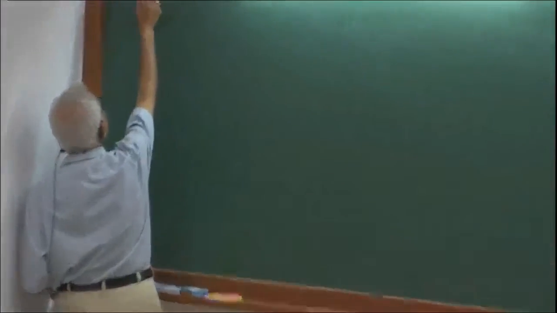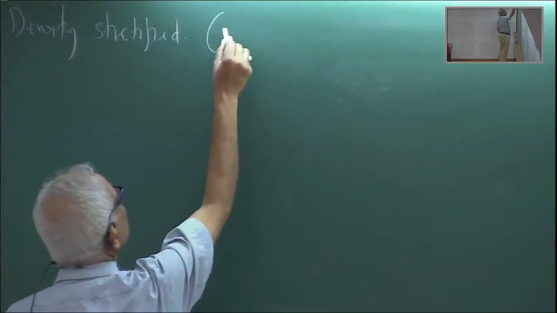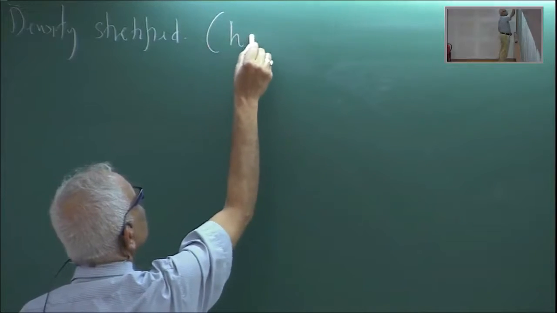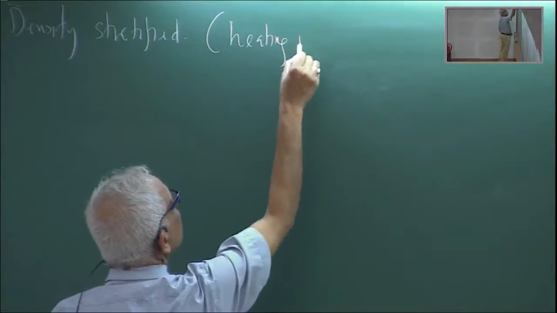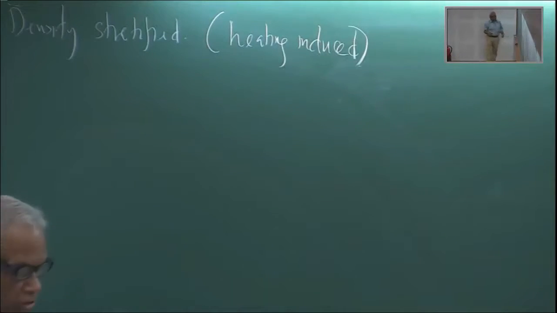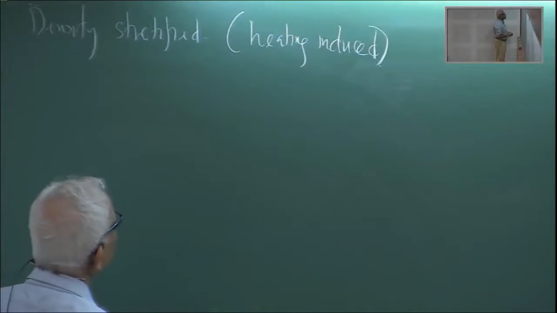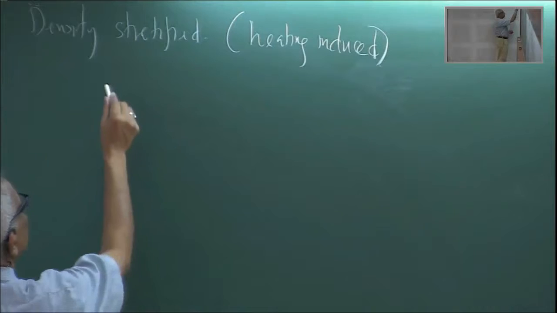So this is thermally density stratified fluid, the density stratification coming from heating. So it's heating induced either from the bottom, in which case it's an unstable stratification, or from the top, in which case it is a stable stratification.